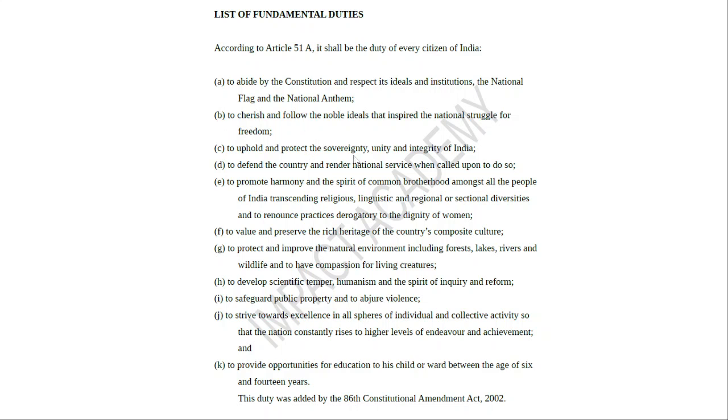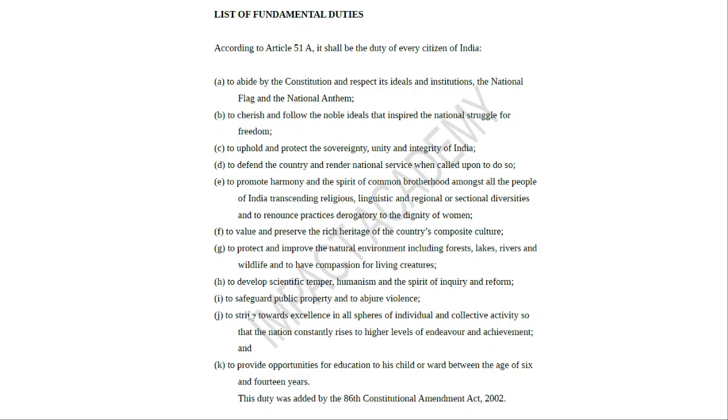So he's talking about the dignity of women, right? This duty was added by the 86th Constitutional Amendment Act of 2002, to provide opportunities for education of the child. So this is the right to education. One fundamental duty was added, Article 45's content was changed, and Article 21A was added.